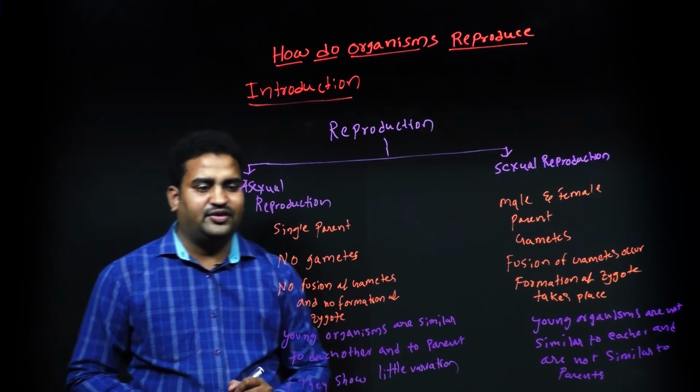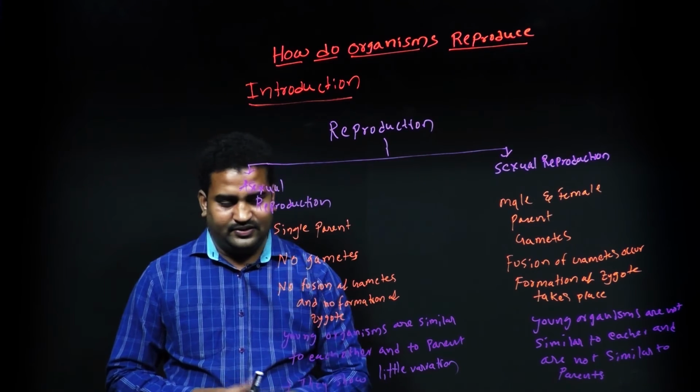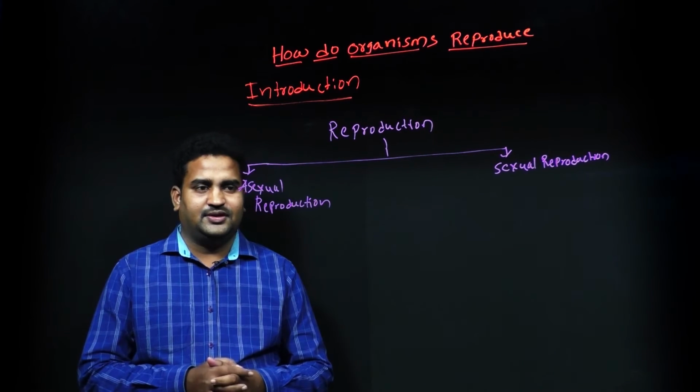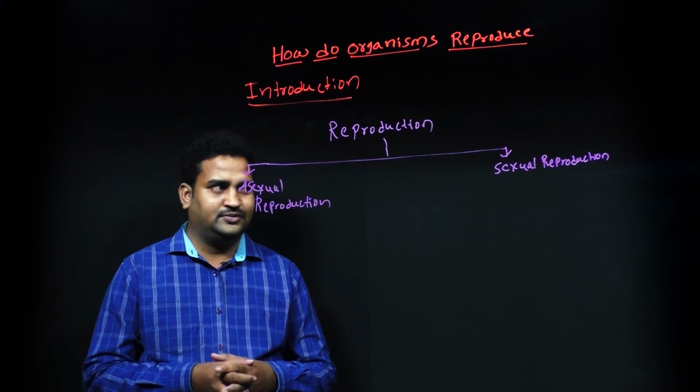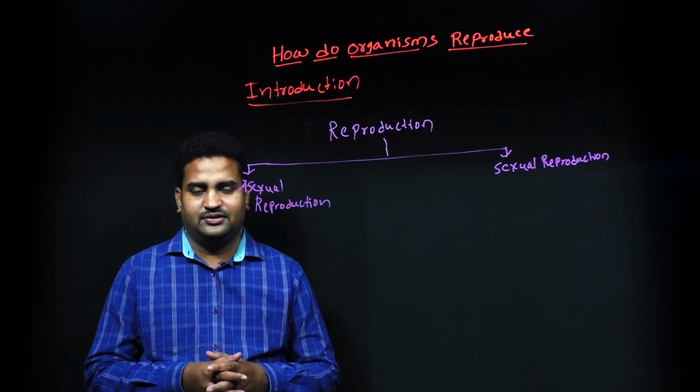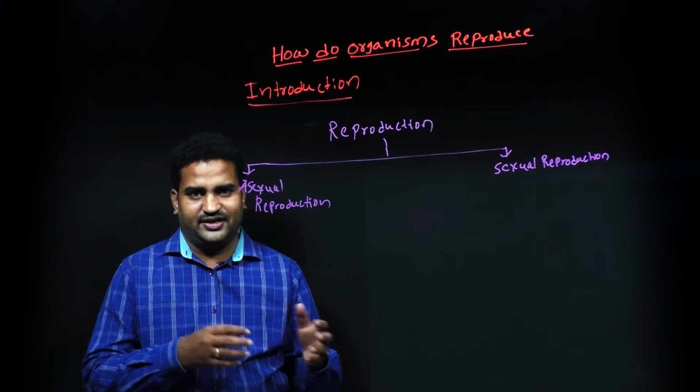In asexual reproduction, little variations are seen, very rare and little, but in sexual reproduction we can see greater variations.